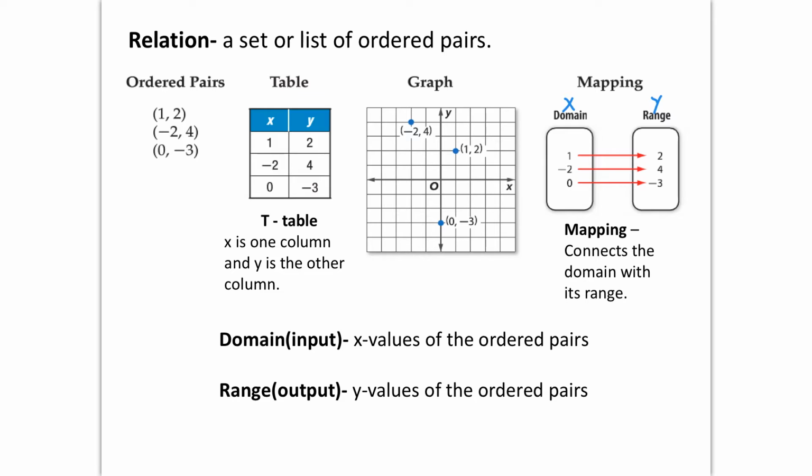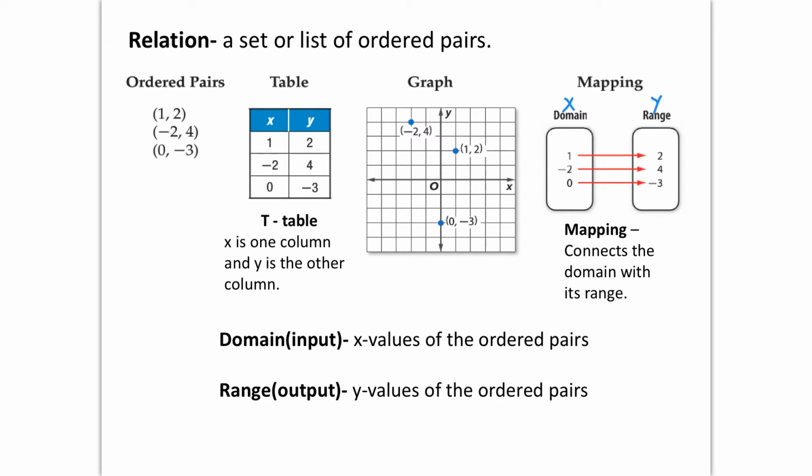Now, when you have numbers repeating in an ordered pair, for example, let's say we have a 2, a 4, a -3, and the next number is 2 again. You don't have to write down 2 twice in your bubble mapping; you just write it down once. Any number that's repeating, even with the x values, if an x value is repeating, you don't have to write it down twice in the bubble. You just write it down once.